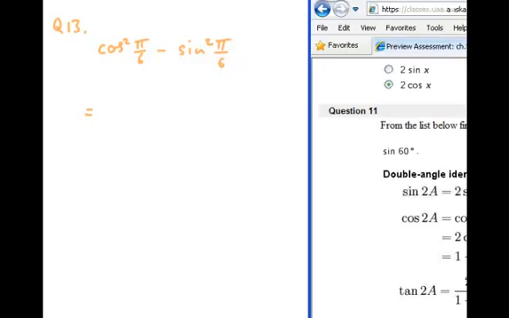So this is problem 13, and it says I'm supposed to simplify this expression, cosine squared pi over 6 minus sine squared pi over 6. And again, I'm going to look at this one here.